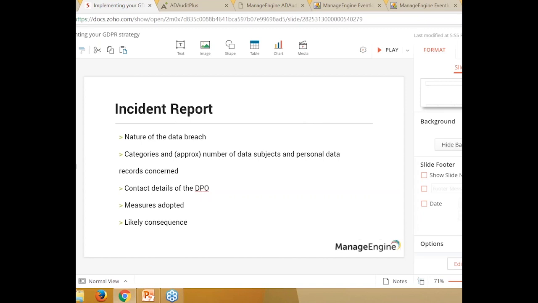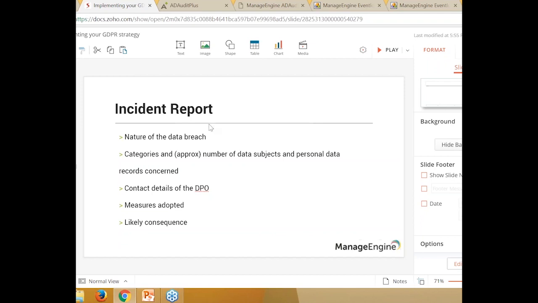I can also figure out the categories and the number of data subjects and personal data records that were compromised. Plus, you can furnish additional details that the GDPR expects you to have in place, such as the details of the DPO, the measures that your enterprise adopted to stop attacks, and the potential consequences of the breach that has taken place.